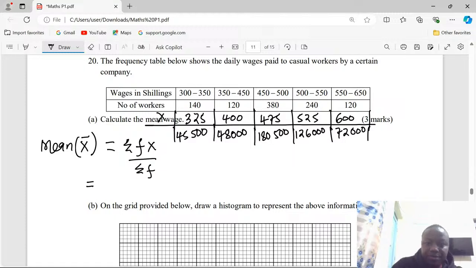When we add, let me calculate the sum of f multiplied by x: 45,500 plus 48,000 plus 180,500 plus 126,000 plus 72,000.